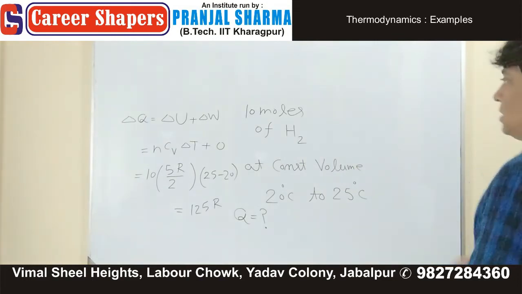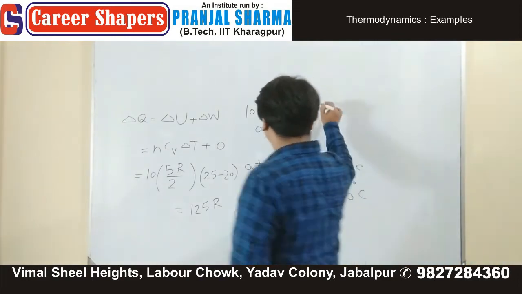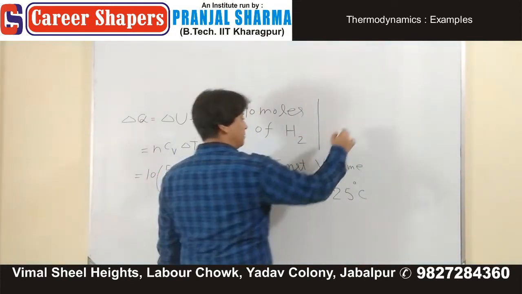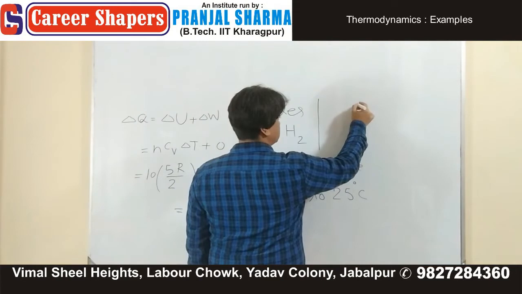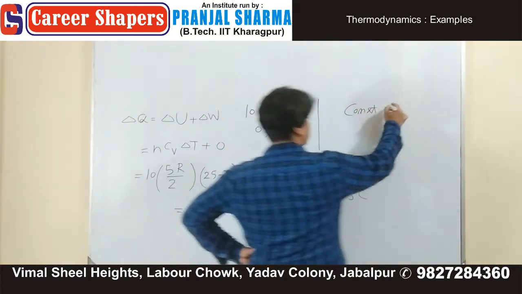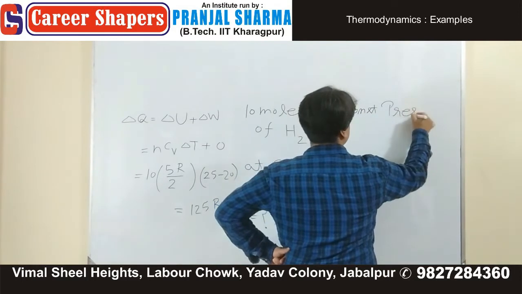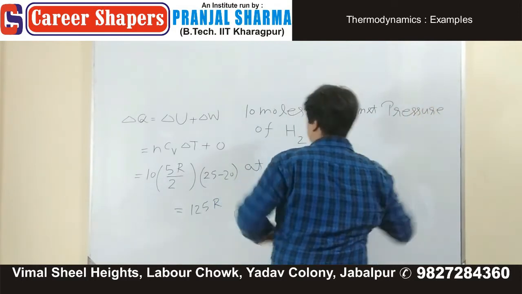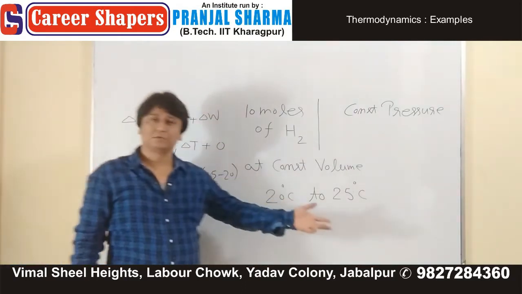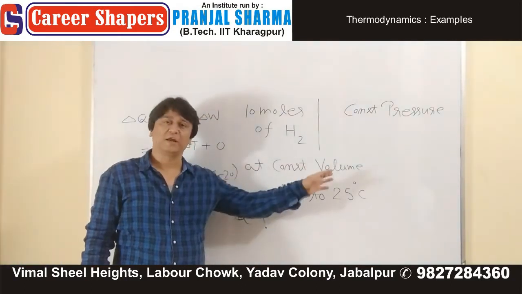Good. Let's see how much you understand this question. Solve the same thing, but this time the process is repeated at constant pressure instead of constant volume. Solve it fast, there is no need to repeat the question again and again.